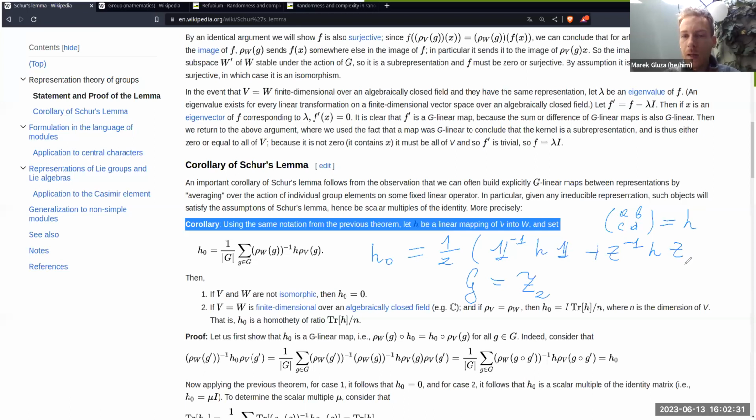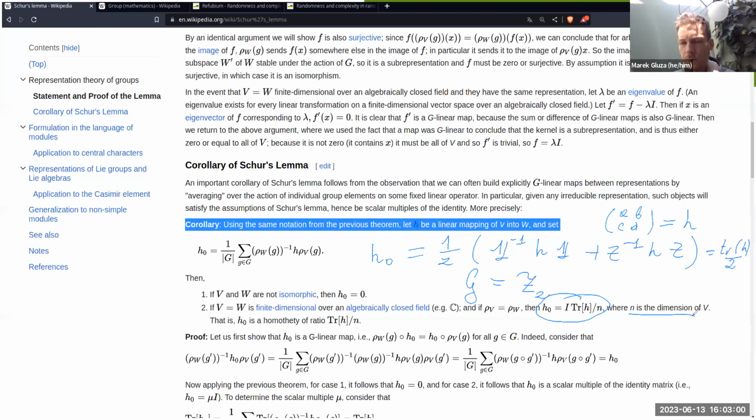Good. So that's basically the formula. And the point is that if the definitions are satisfied, then this H0 has to be trace of H divided by 2, because n is the dimension of V, and this is 2 for us.